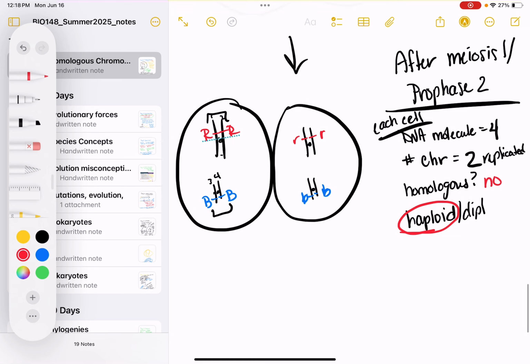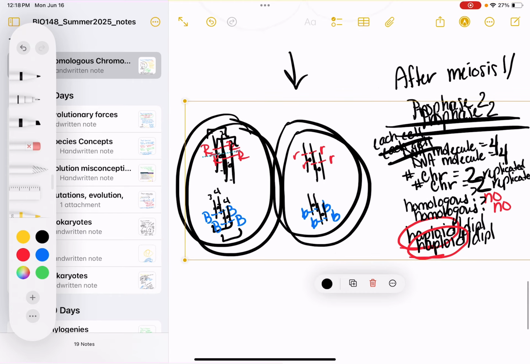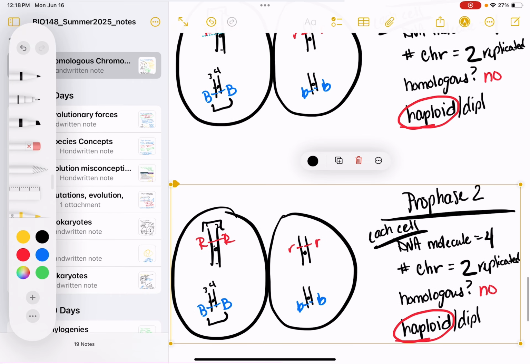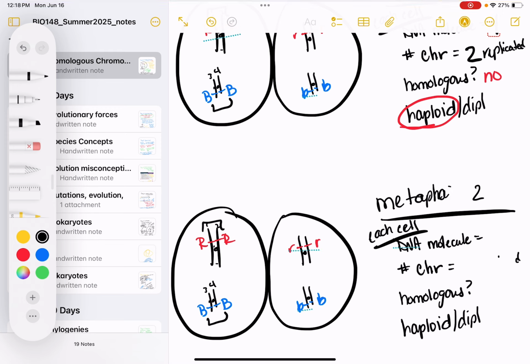From here on out, we're just going to go through the same thing that we would expect for mitosis. So I'm going to copy all of that. Now I'm in metaphase 2.